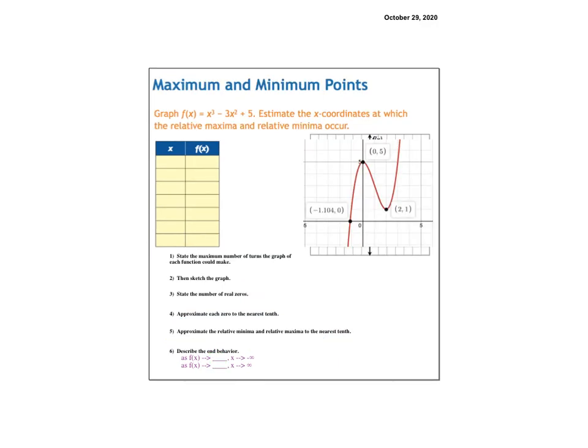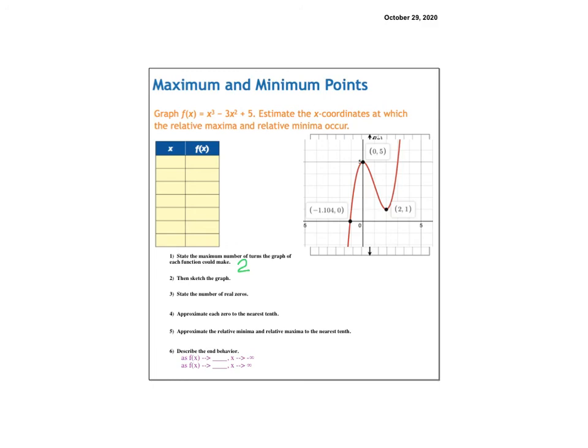All right, so again, I'm going to look at my function to see the maximum number of turns. Since this is a cubic function to the third degree, I'm going to subtract 1, and I could have at most 2 turns in my function, which I do have here.